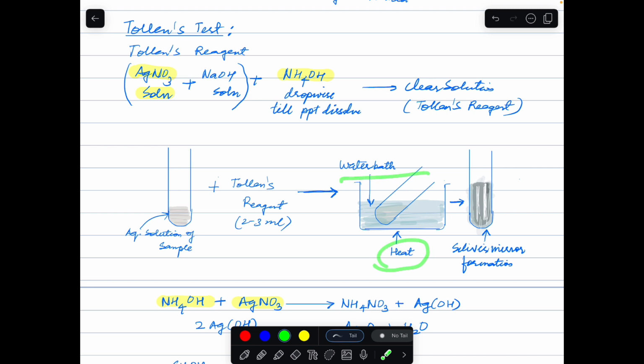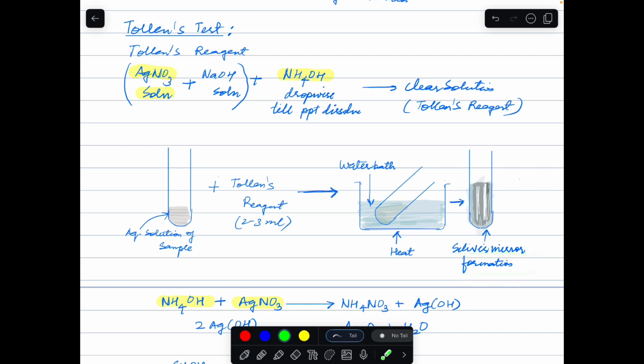When you are heating in a water bath, don't touch or shake the test tube. Keep the test tube still in the stand in the water bath, and after some time you will observe the edges or margins of the test tube shining like a mirror. We say silver mirror formation is there.